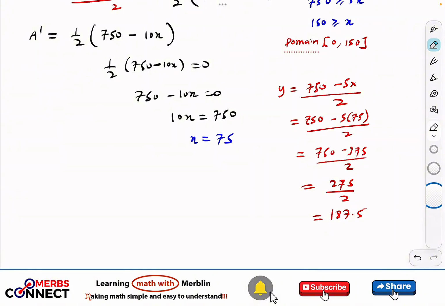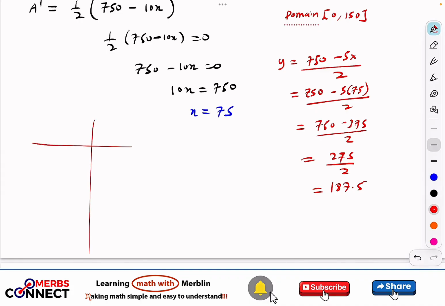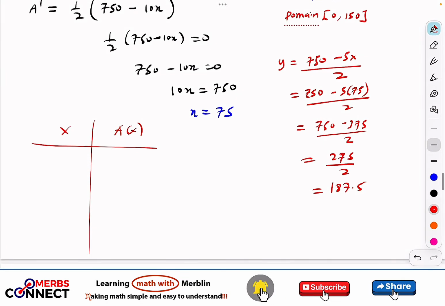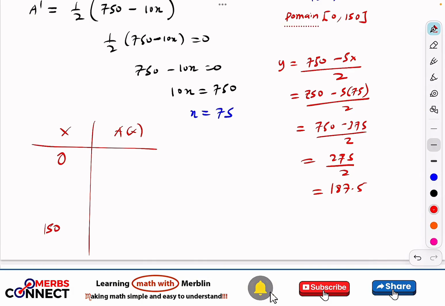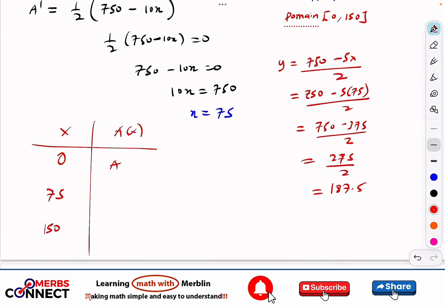Okay, so we have our x and we have our y, but let's confirm it. Let's use the table to confirm that. We have our x, we have our A of x. What was the domain? Domain is 0 to 150, and our x is 75. So plug in 0 inside A of x, plug in 75, and plug in 150.